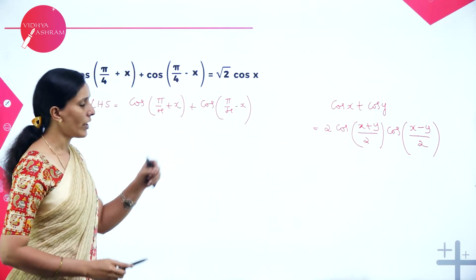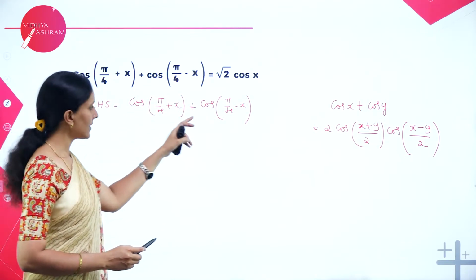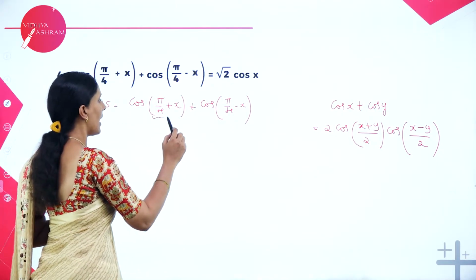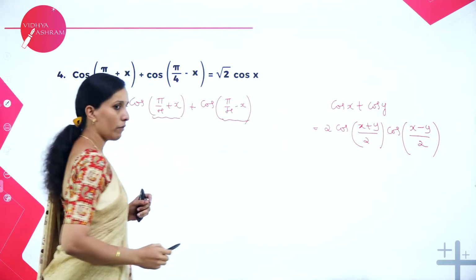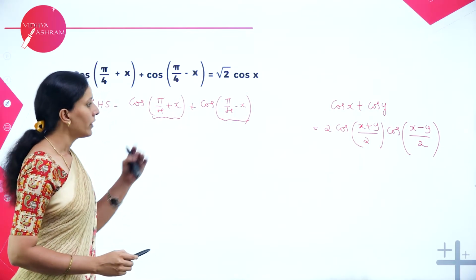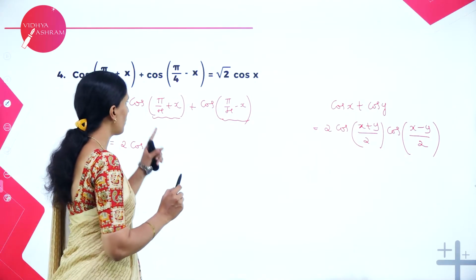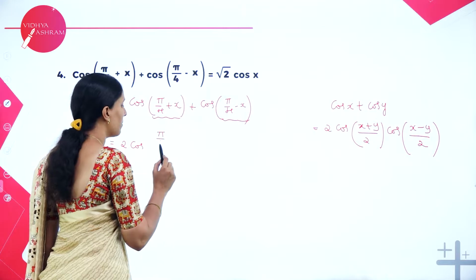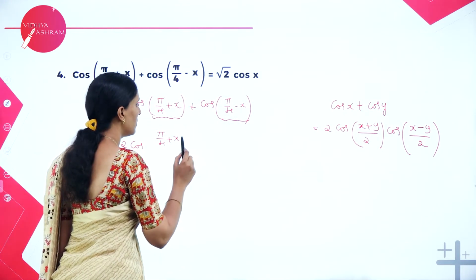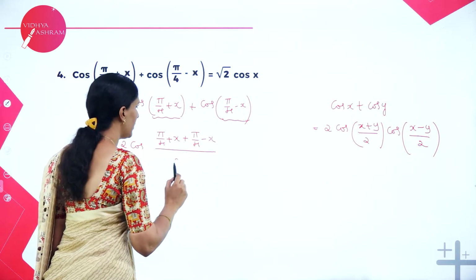So using that transformation formula, here this complete term you should take as x and this complete term you should take as y. Now we have this in the form of cos x plus cos y. So we can write this as 2 cos of (x plus y), where our x is pi by 4 plus x and this is our y term, pi by 4 minus x, whole divided by 2.